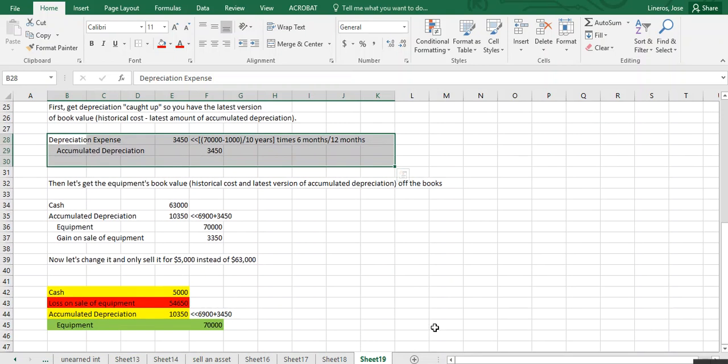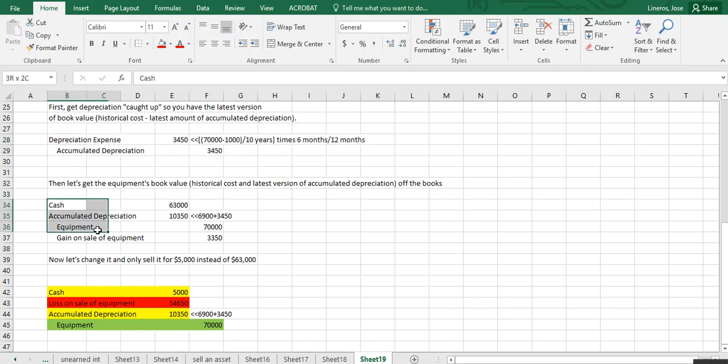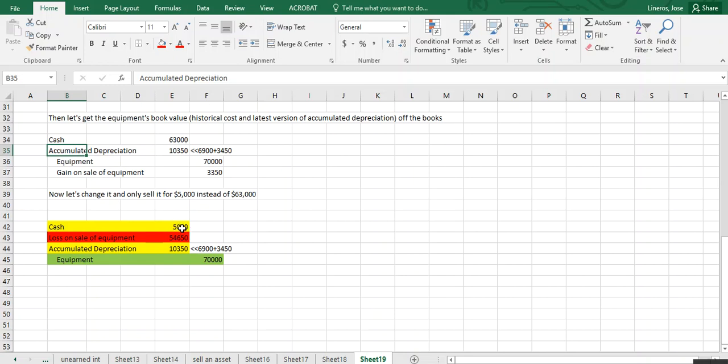And then basically we have an example of a gain on sale where we debit the cash that's coming towards us, and then we take the equipment off the books at historical cost, and then the latest version of accumulated depreciation. The net of these two is net book value, so that minus net book value is the gain. In the same way here, what we collected minus the net book value is the loss.